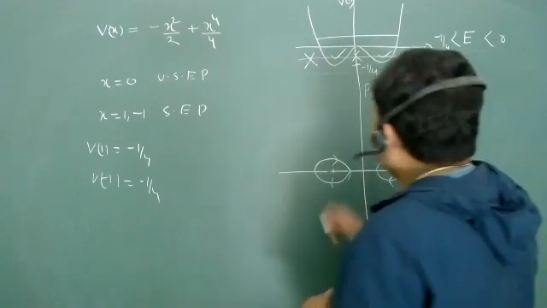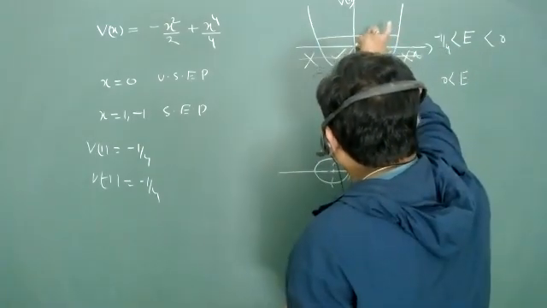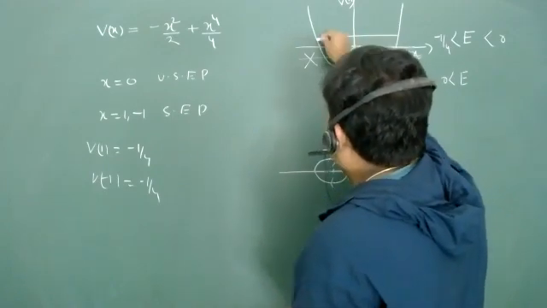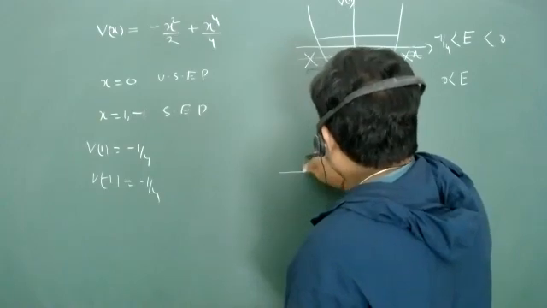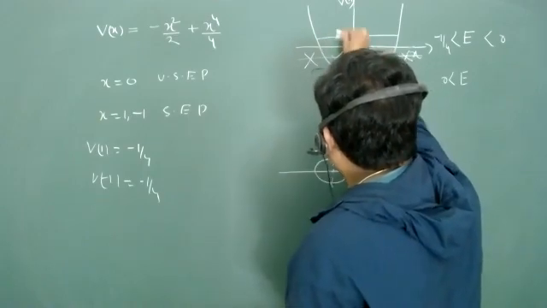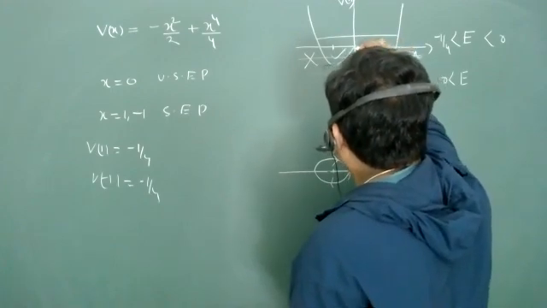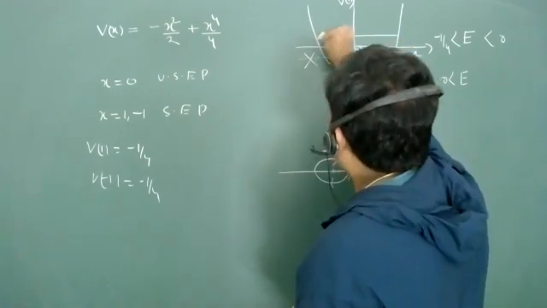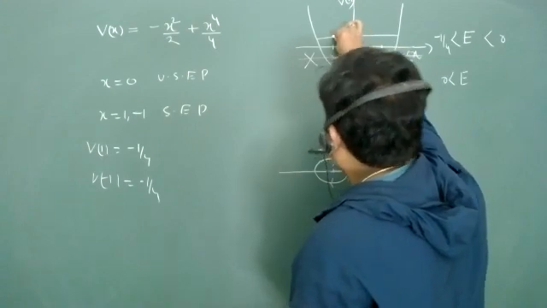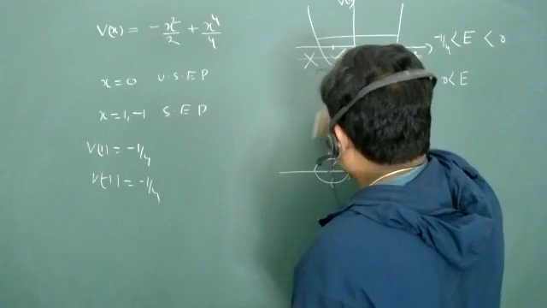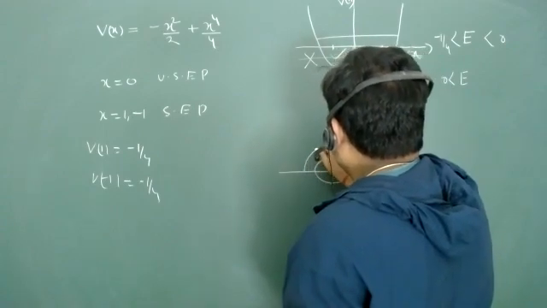But this time, your significant point is the unstable equilibrium point. Look here. We will start from here. This is x is equal to minus 1, this is x is equal to 1, this is 0. When we reach x is equal to minus 1, my potential energy is decreasing, so my momentum will increase.